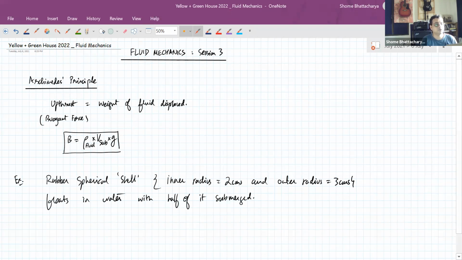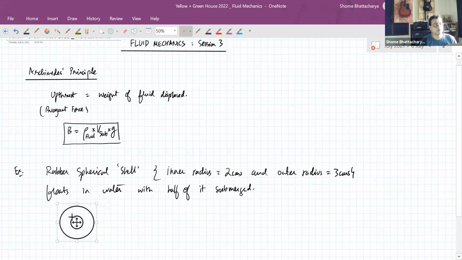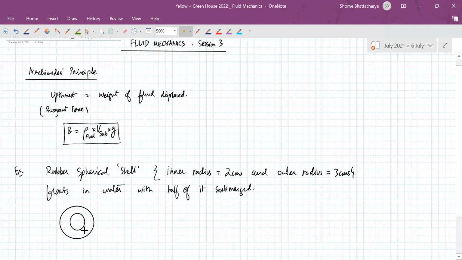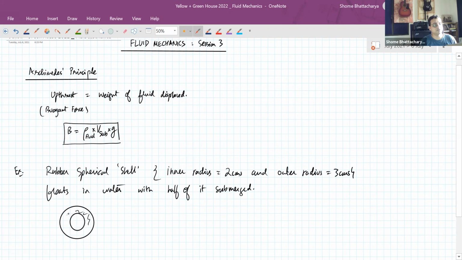Okay. So if you cut the sphere into 2 equal halves and you look at the cross section, you realize that it's not a solid sphere, it's a shell. So this is what the cross section looks like.